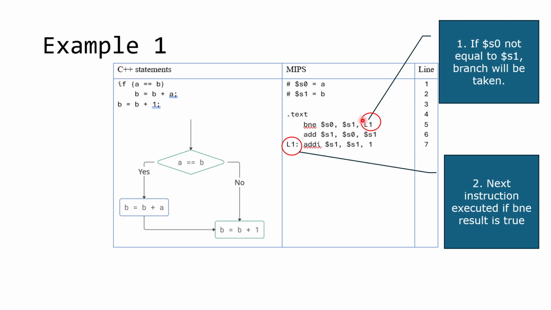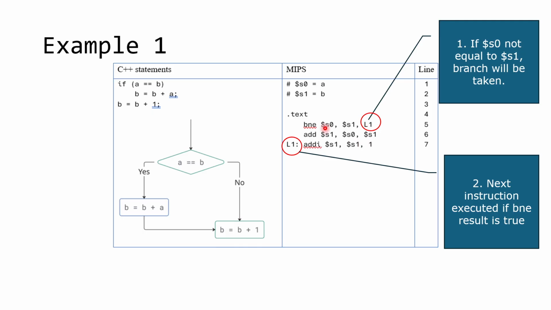So in this case, label 1. If $s0 is not equal to $s1, the branch will be taken, meaning they will jump to this label, this next instruction, because the BNE result is true. Then we need to execute this statement, ADDI $s1, $s1, 1, which is equivalent to B is equal to B plus 1.